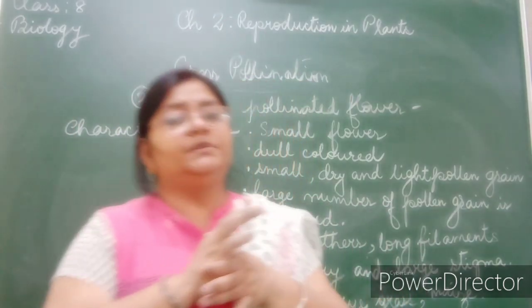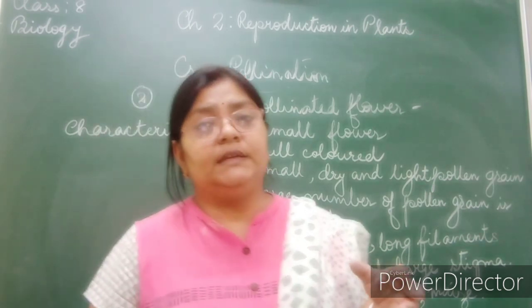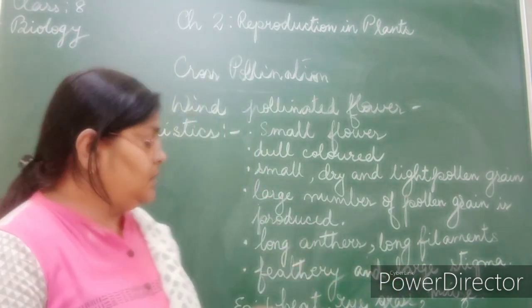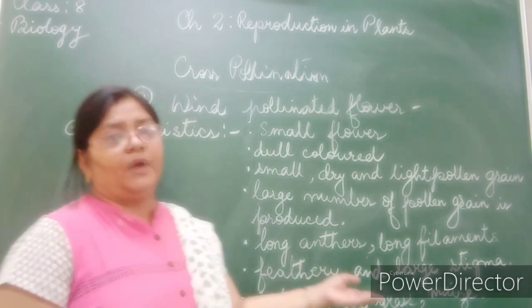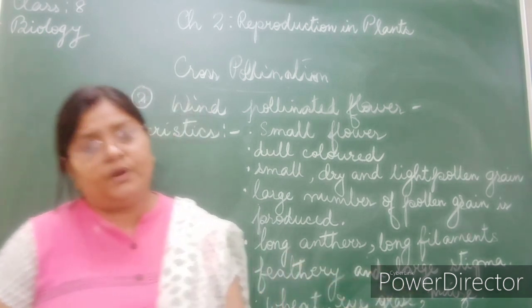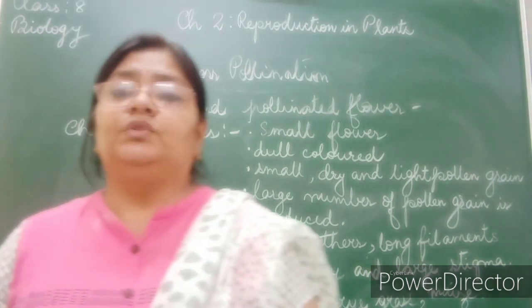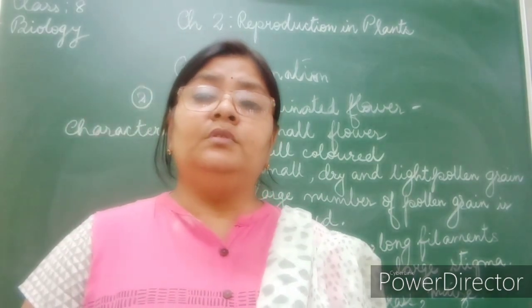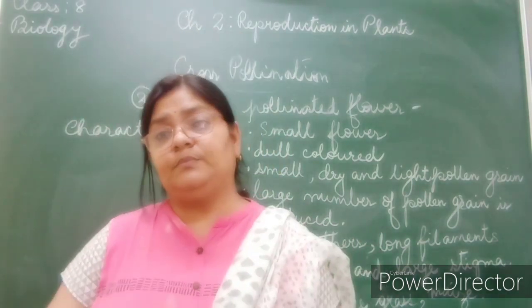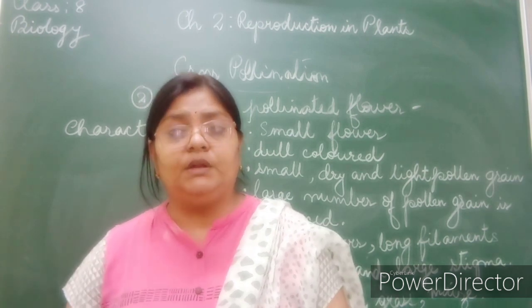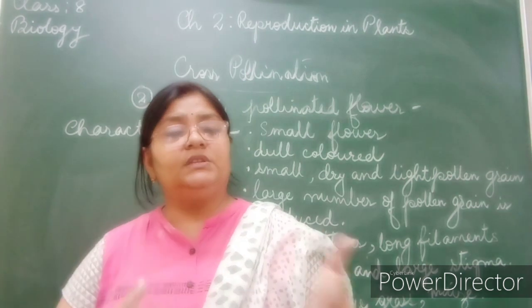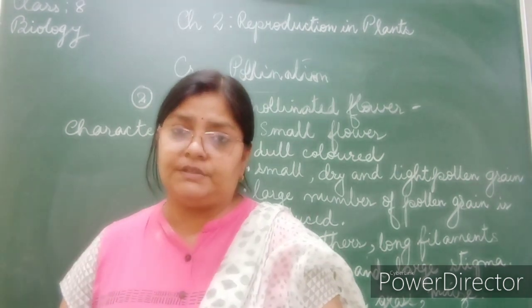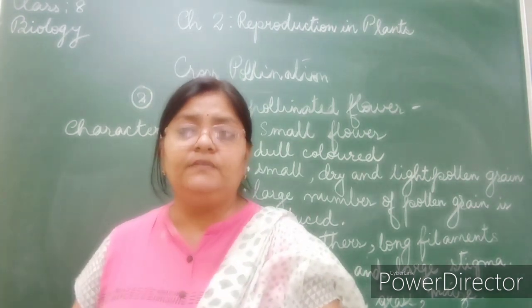Fine. So this helps the flower to be pollinated by wind. The examples of wind pollinated flowers are wheat, ryegrass, maize, rice. Okay. So now if you need to differentiate between insect pollinated, wind pollinated or water pollinated flowers, you just have to jot down these characteristics as a comparative chart.